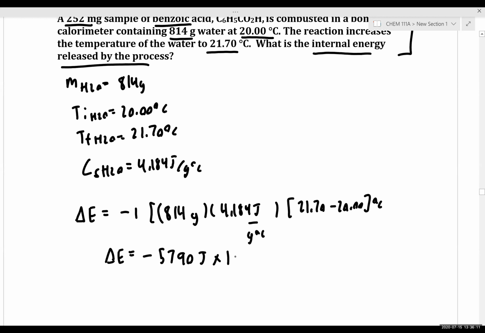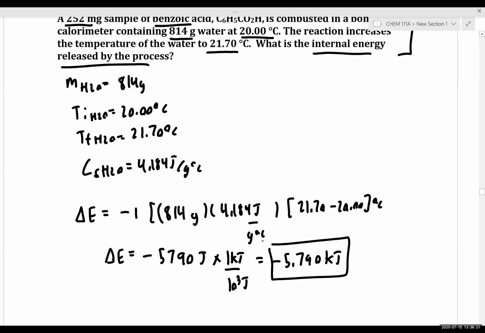And we know in 1 kilojoule, there are 10 to the third joules. So that gives us negative 5.790 kilojoules of energy released for our change in internal energy.